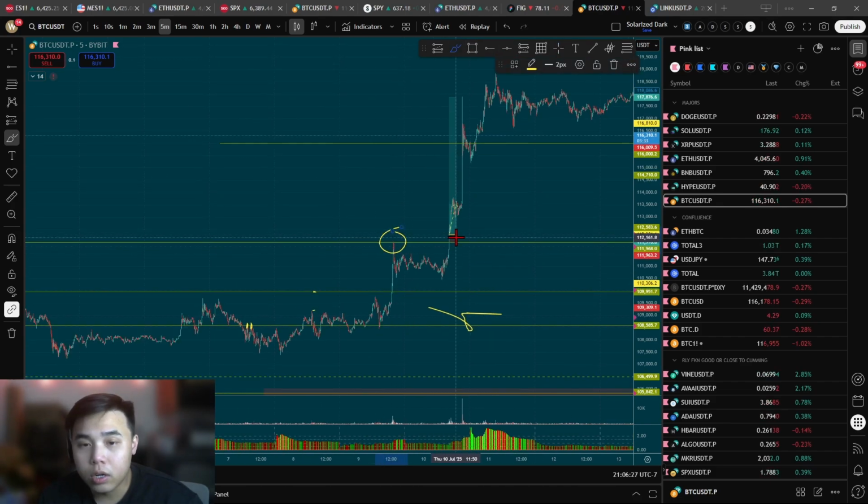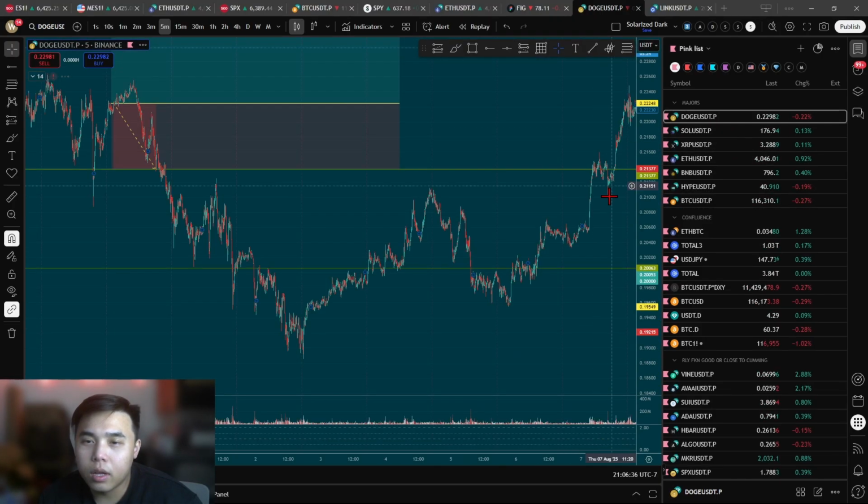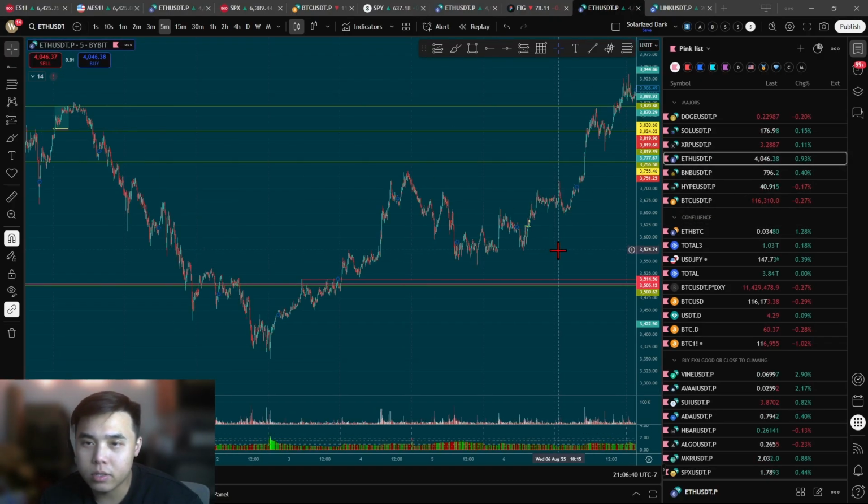It reacted once here, and then it just shot through, right? So, yeah, the cleaner the level, the better it is.